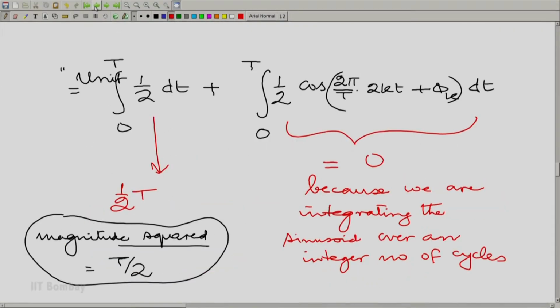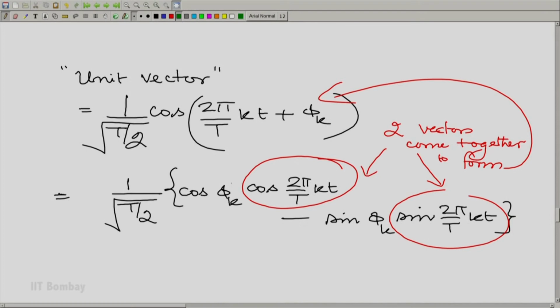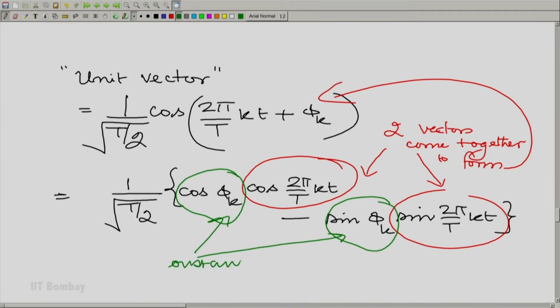And now if you go back to that expression that we had here, the cos phi k and the sine phi k are essentially constants now, unknown constants if you like.